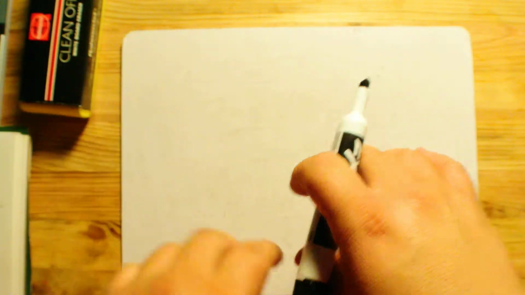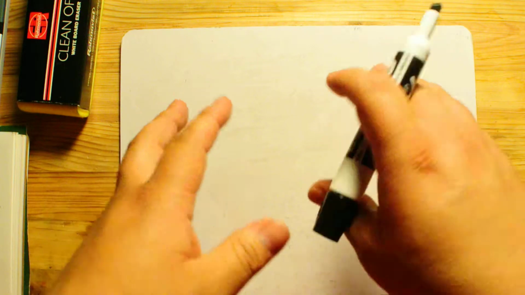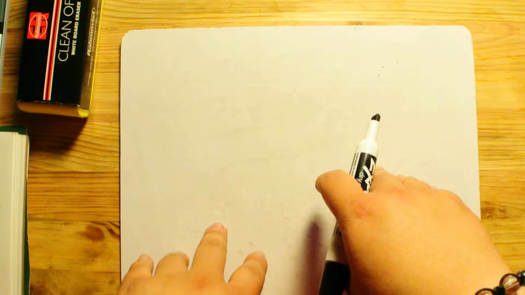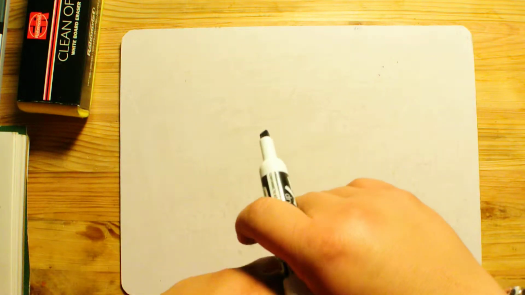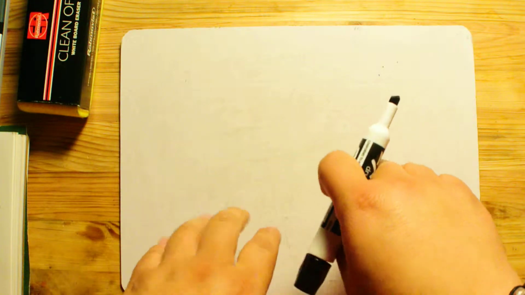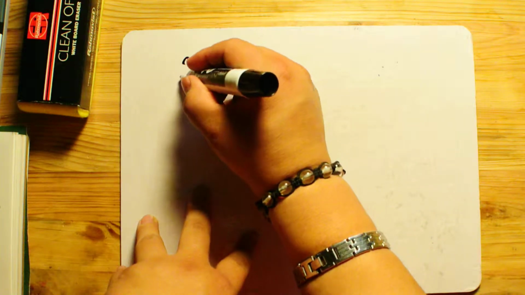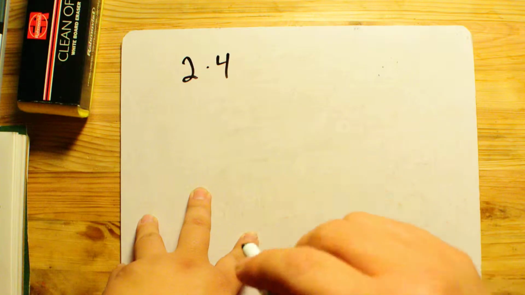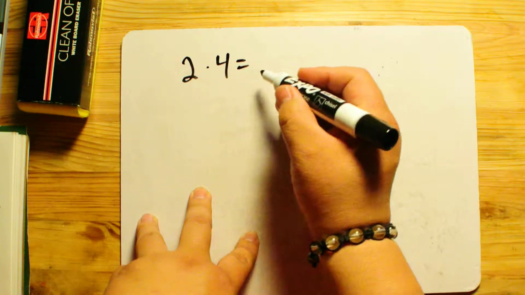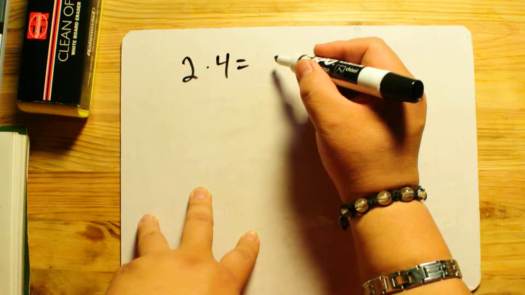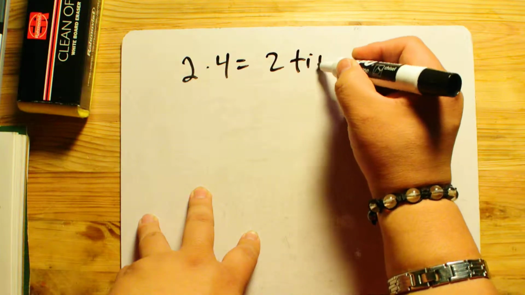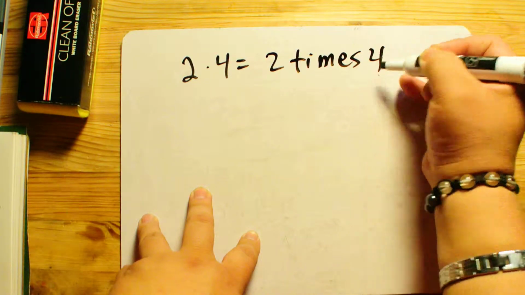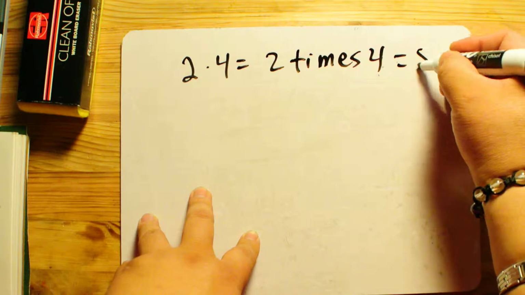There are actually different ways of writing or saying that something is multiplied by something. Let's say you see something like this, that also means 2 times 4, which is 8.